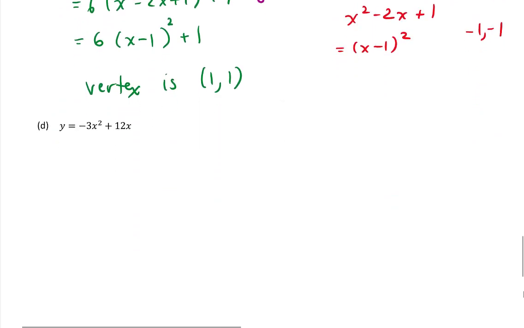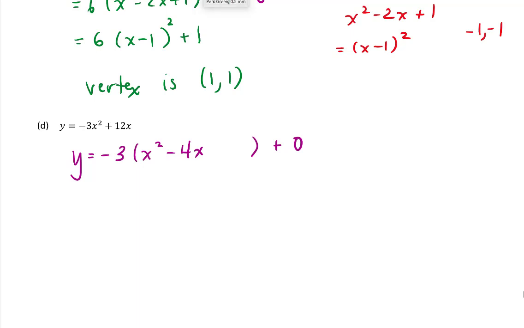And on to the last one. So again, y equals, common factor out first. That's negative 3 times (x squared plus, or in this case, minus 4x). So we common factor out only the a value. This time we have a plus 0 on the outside. There was no constant to start.